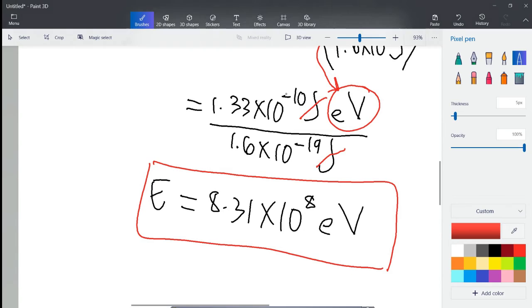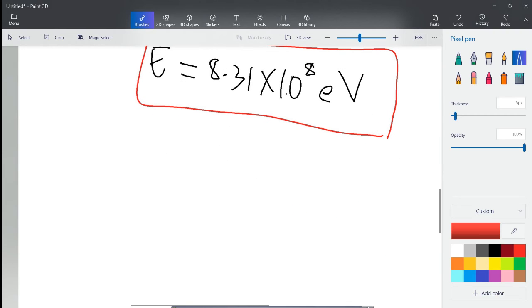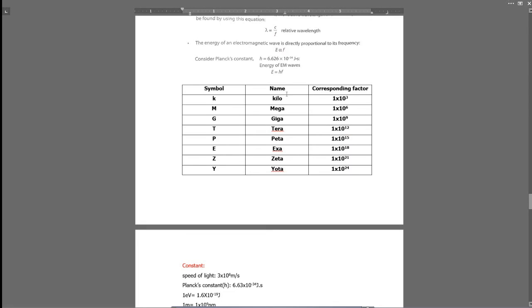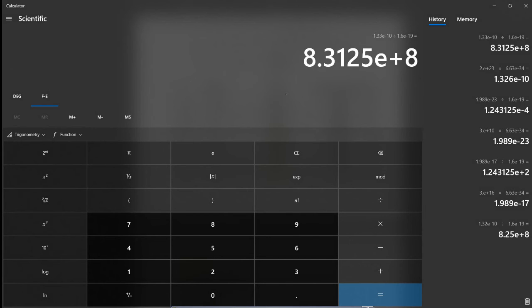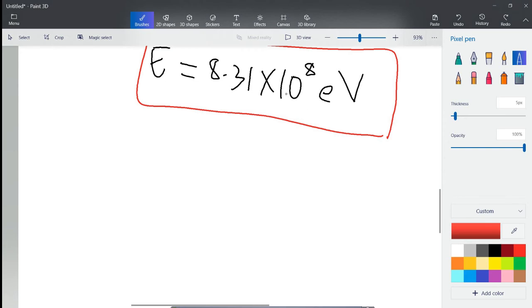And now, let's convert that into the corresponding name, the symbols. Since it is times 10 to the 8, it belongs to mega.